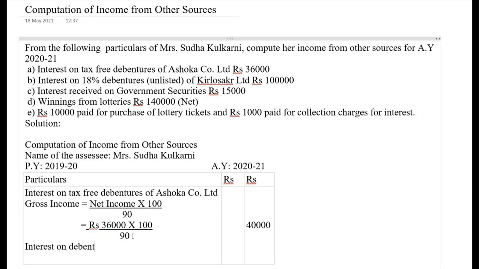Then the next one, interest on debentures of Kirloskar Limited. These are less tax commercial securities, so simply we should calculate here 18% of rupees 1 lakh, which is the amount of investment. That comes to rupees 18,000.